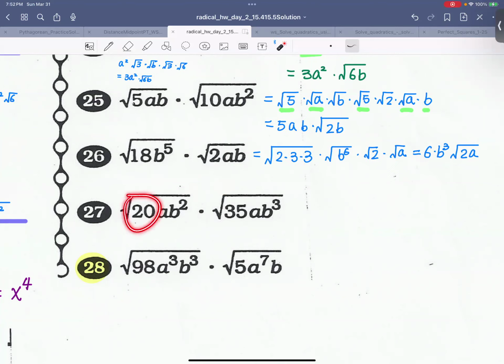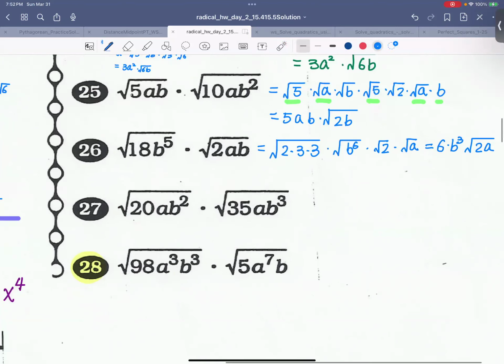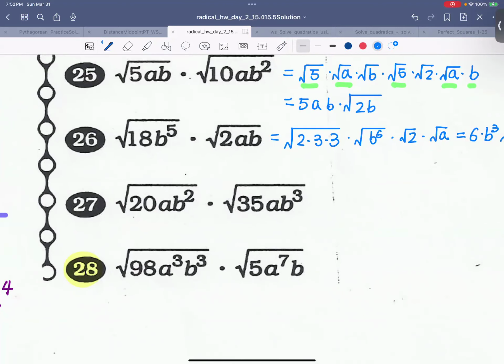For 20, what do you do? I did 4 and 5. You do 4 and 5. So for 20, you change this to be square root 4 times square root 5. And for here, you have a and a, right? So what do you do? A squared. You do square root.